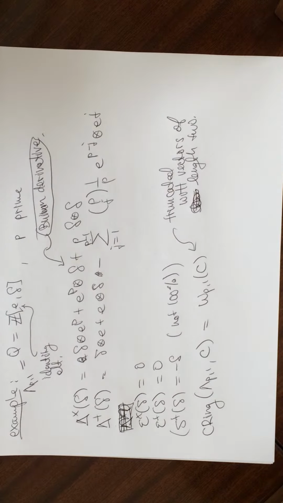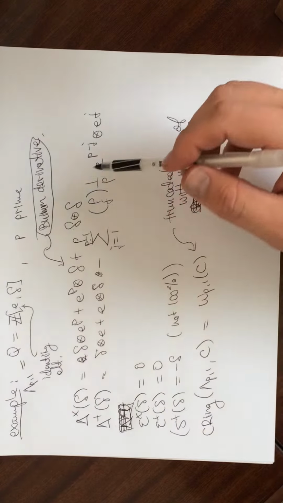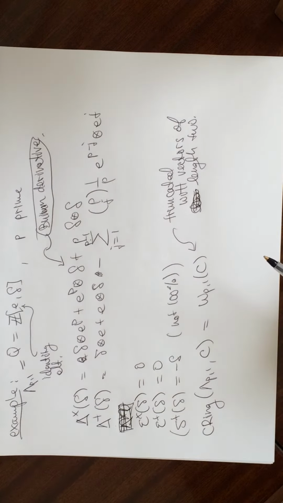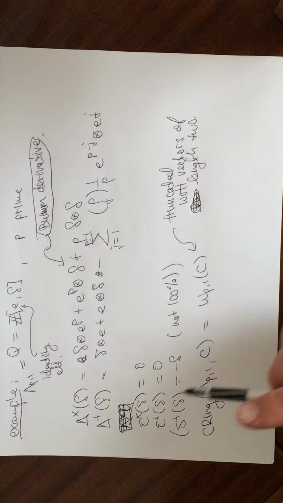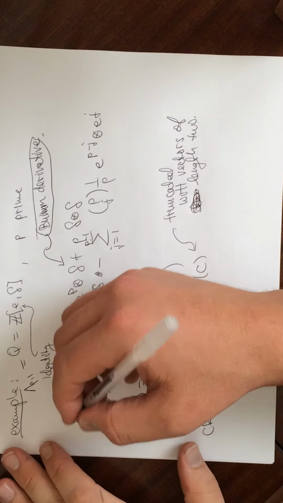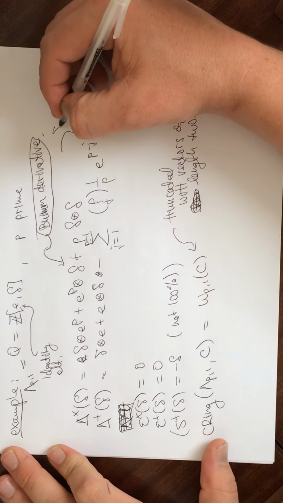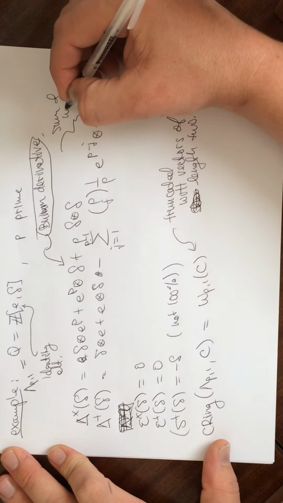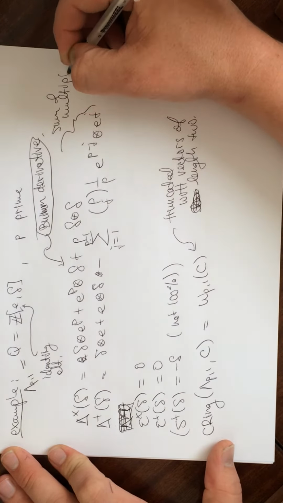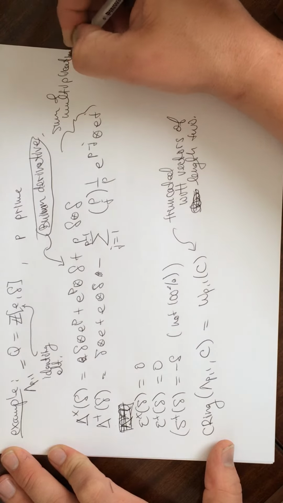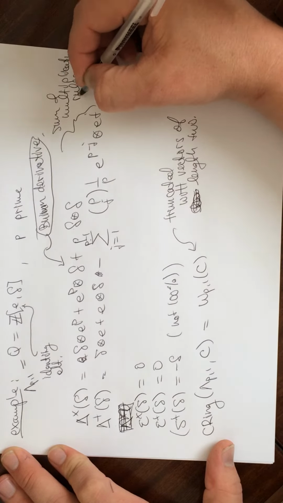Okay, so these things are actually going to give us the sum and multiplication rules for the Witt vectors. So these come from the sum and multiplication rules for Witt vectors.